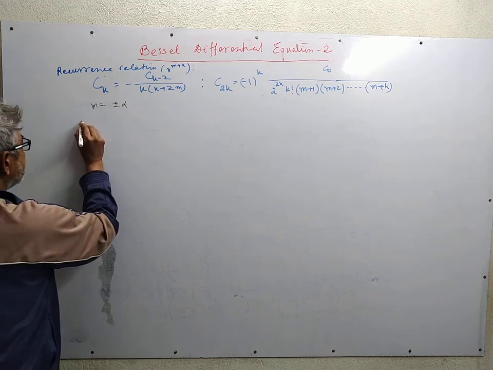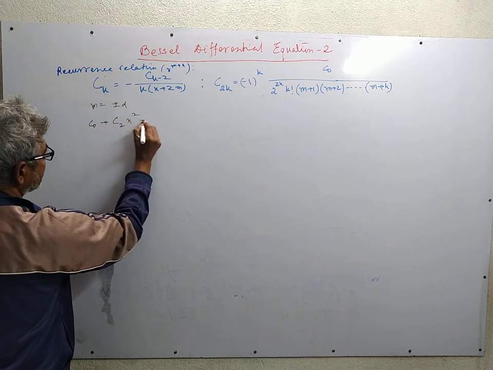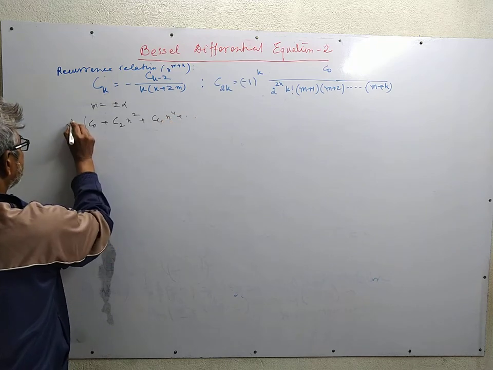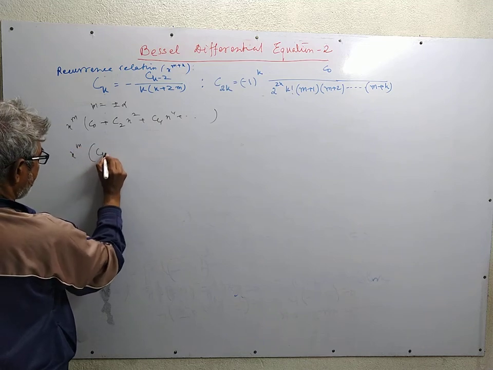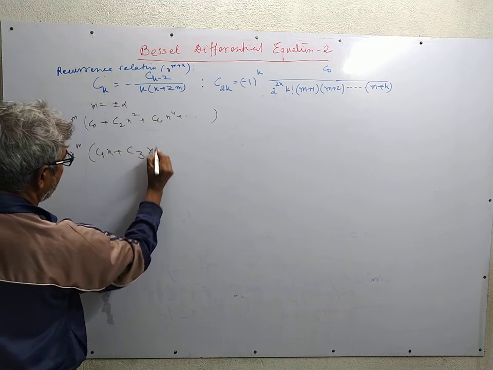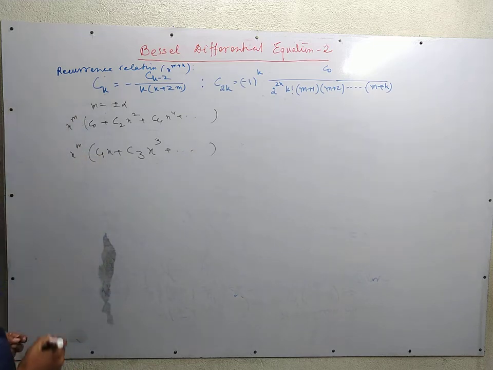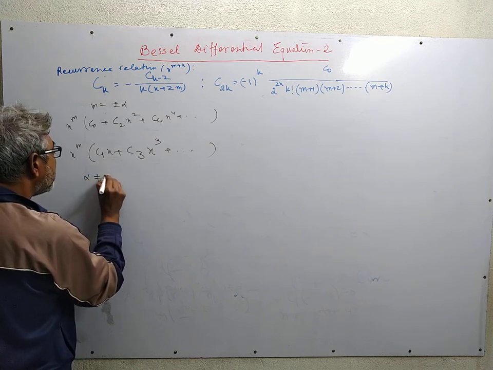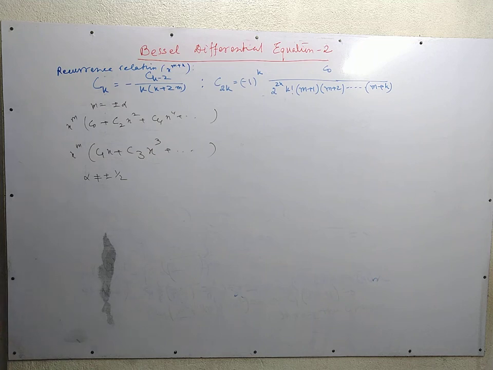That is, this series is like this: c0 plus c2 x square, c4 x to the power 4, multiplied by x to the power m, and another series is this, and c1 is 0 if alpha is not equal to plus minus half. So for all other values of alpha, c1 is 0.